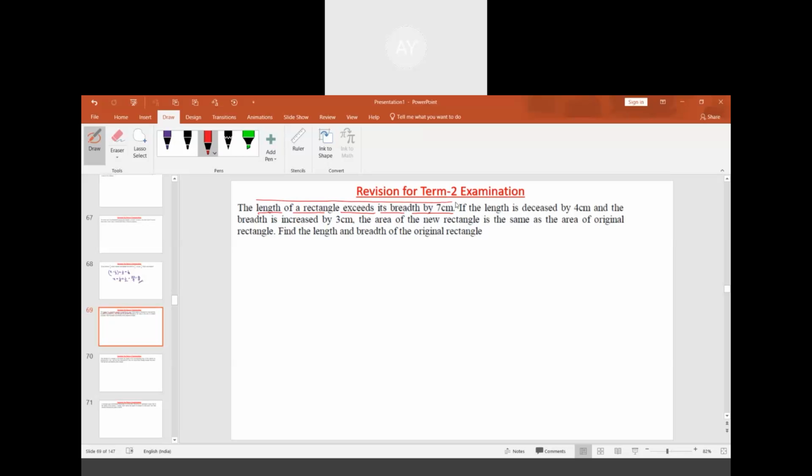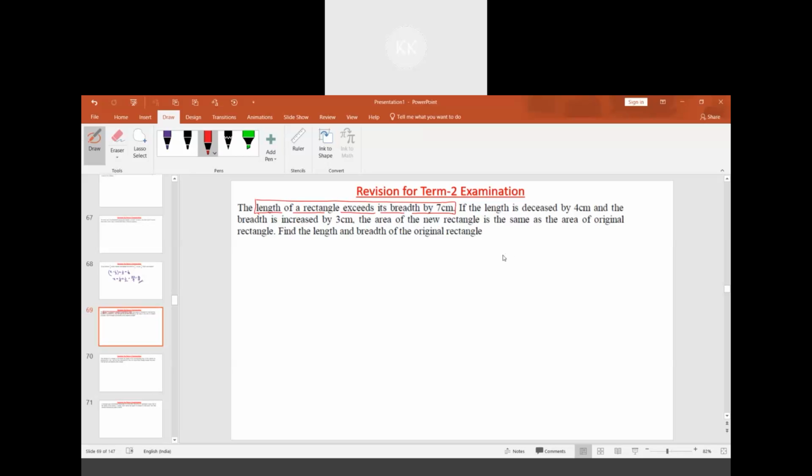So we can write x into x plus 7 is equal to x minus 4... sorry, sir, x plus 10 into x minus 4. Why x plus 10? Sir, in the new rectangle 3 is added to the breadth, so it becomes x plus 10. Length is 16 centimeters, sir.